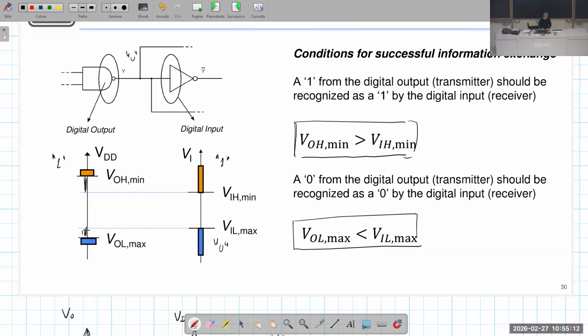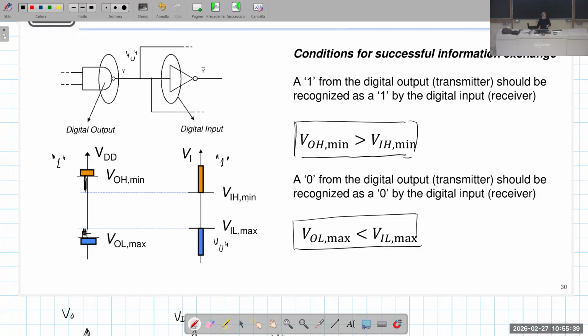Because it means that even if we have some noise or disturbance added on the output voltage, if this disturbance is smaller than this margin at the high level, or smaller than this margin at the low level, the logic state is not flipped.